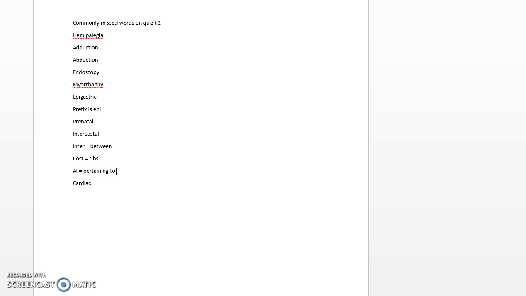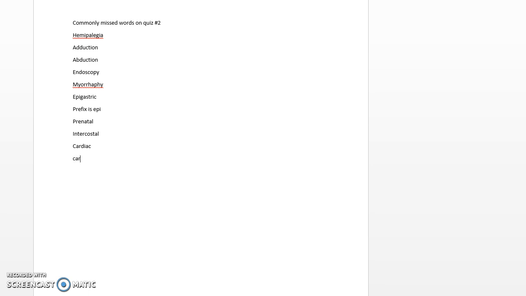So this is pertaining to the space in between your ribs, the intercostal space, anatomically. So inter is this prefix, I believe is what the question was asking, and it's positional or directional was the category.